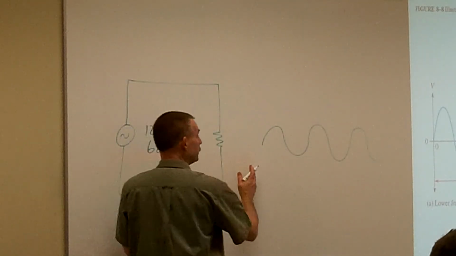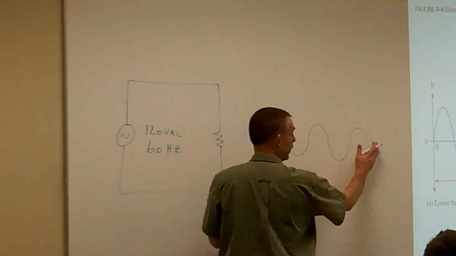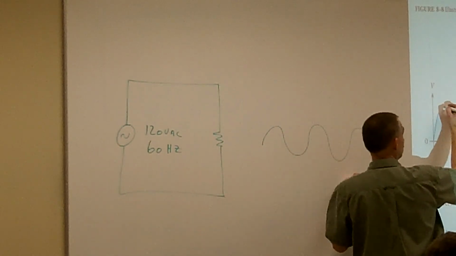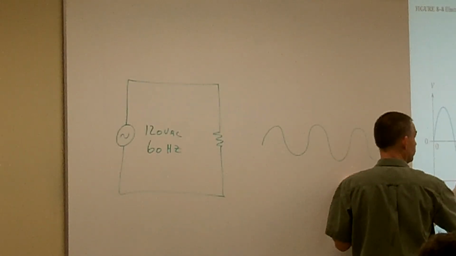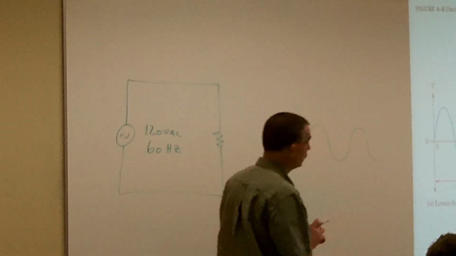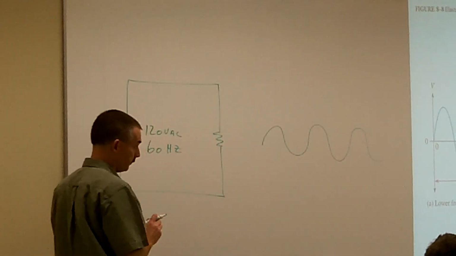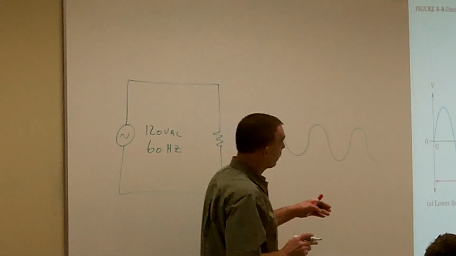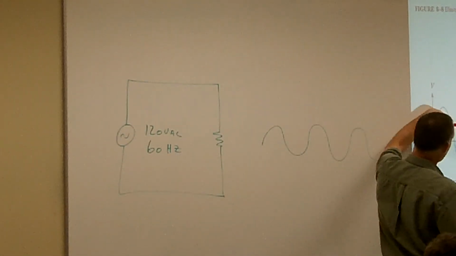At 60 hertz, it's doing this 60 times in 1 second: going up to a positive voltage, down to a negative voltage, back up to a positive, negative, and it does that 60 times in 1 second. So that's what my frequency is.